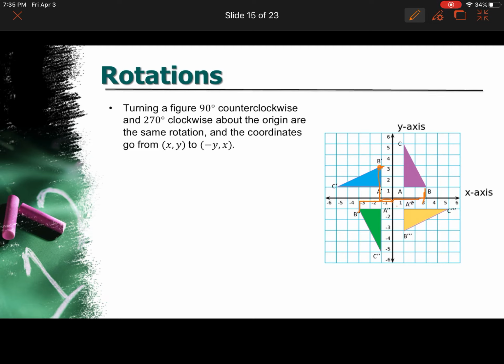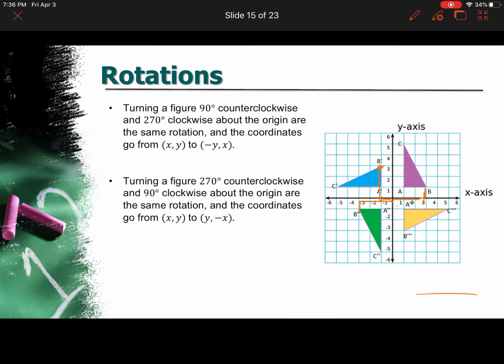And then the yellow one is 270 degrees, or it would be a negative 90. That is, again, we're switching the x and the y, but this time we're making the new y negative, right?